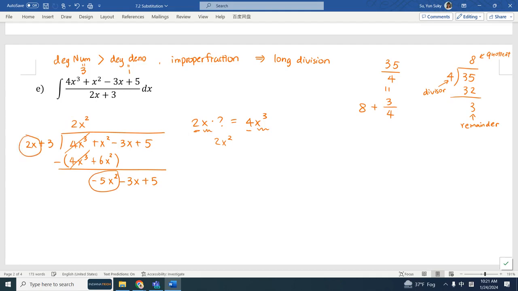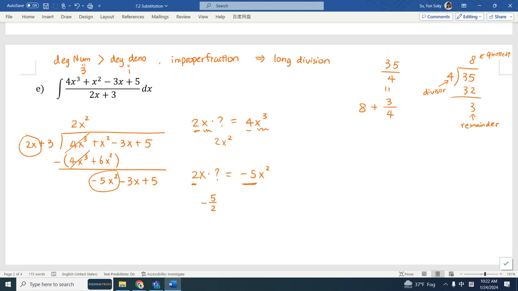Now we look at the first term. 2x times what is negative 5x squared? So 2 times what is negative 5? It must be a negative number. Do you agree? And I want to get rid of the 2 and get the 5, so multiply by 5 over 2.